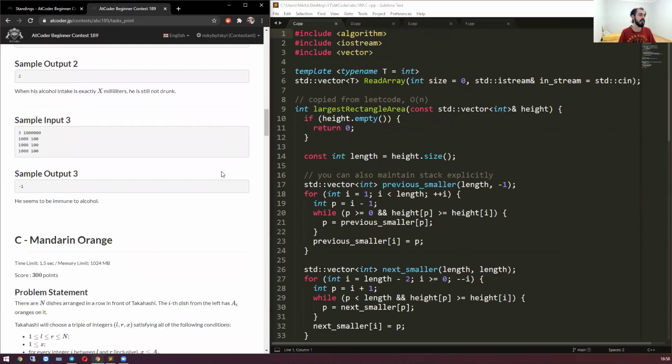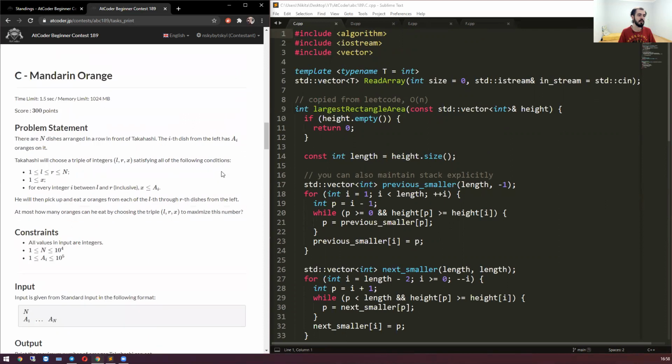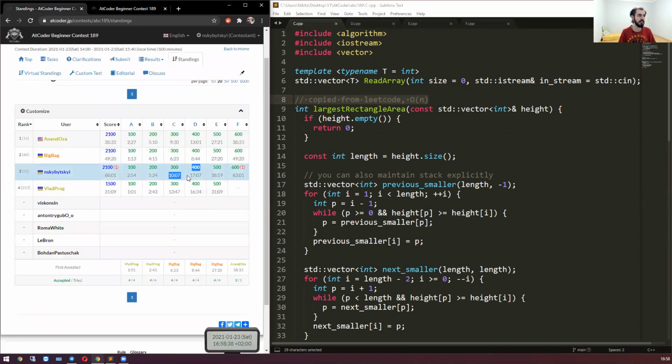Problem C. Honestly, I just copied my submission from LeetCode because I immediately recognized this problem. It took me a while to actually copy it because LeetCode, again, was slow with the internet connection, so I spent 2 unnecessary minutes loading my LeetCode submissions.